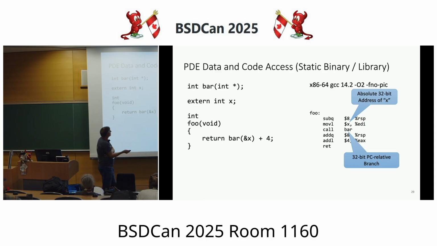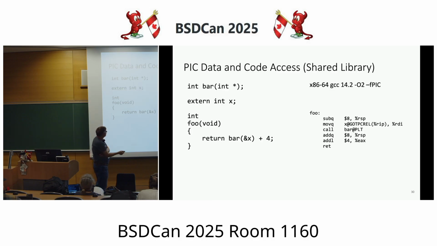So what if we compile this as a shared library instead, as PIC? Well, now we see the code's changed a little bit. This part's the same, these last 4 bits are the same, but these 2 instructions are a little different. Instead of $x, now we're doing a read from a memory location, and the memory location is PC relative. So we're using the PC to find the location of our GOT and reading the address of the value of x from the GOT.